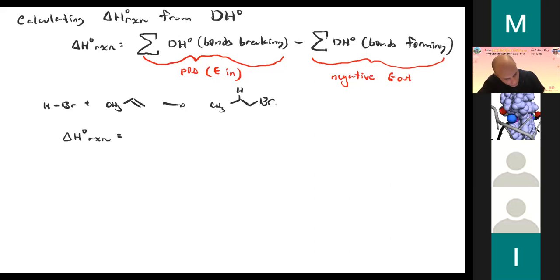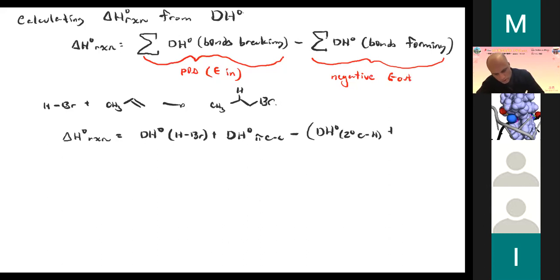But all right: delta H naught equals DH naught HBr plus DH naught pi CC, minus DH naught secondary CH plus DH naught primary C-Br.